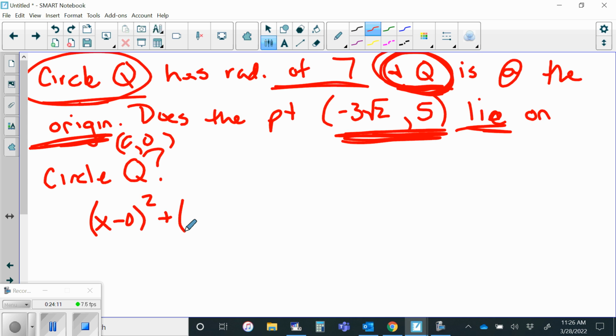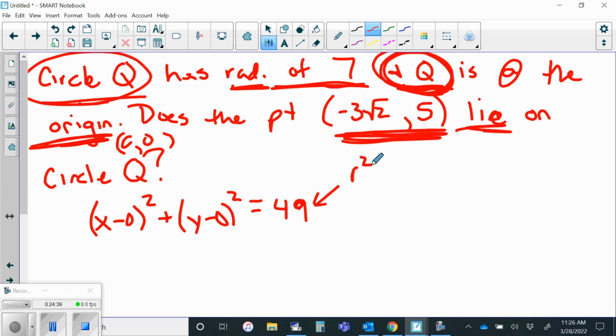Plus what? Y minus 0 squared. And that's going to equal what? Not 0. Why'd you say 49? Where did you get 49 from? The radius is 7, but what does my formula have to have back here? R squared. Very good.